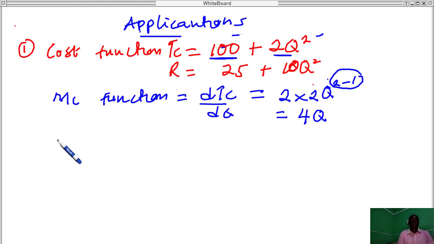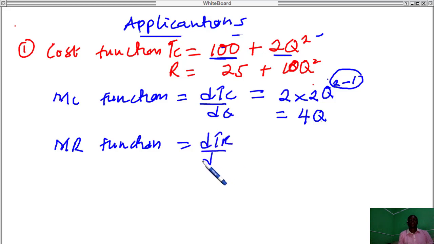Then we have to find the marginal revenue function, which will be d total revenue over dQ. This one too, there's no variable, so it will be 0. You don't write anything.